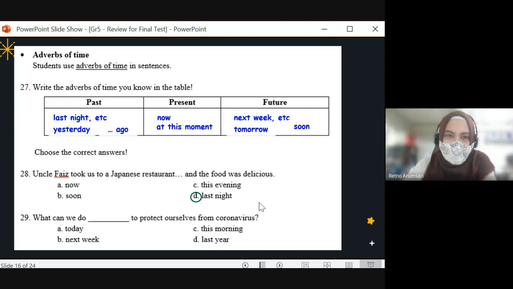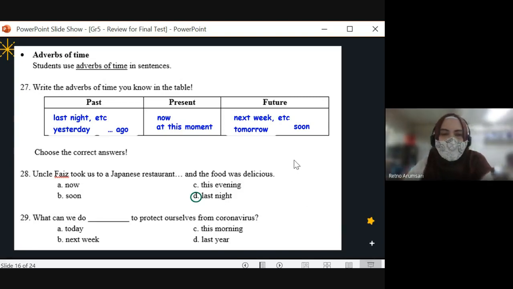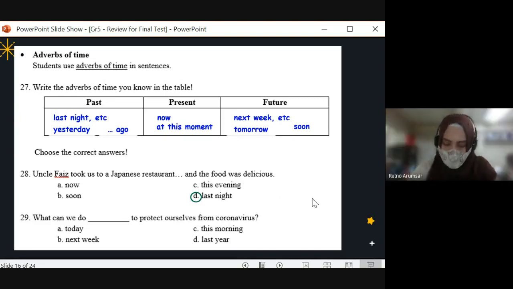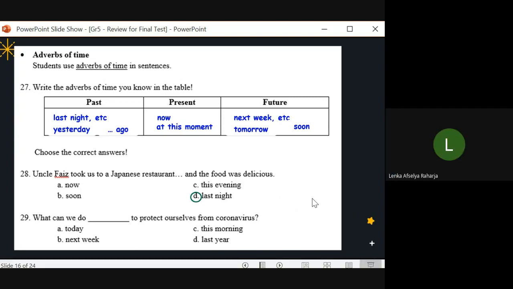Okay, next, number 29. Lenka, can you try number 29, please? Yes, miss. What is it? What can we do today to protect ourselves from the coronavirus?